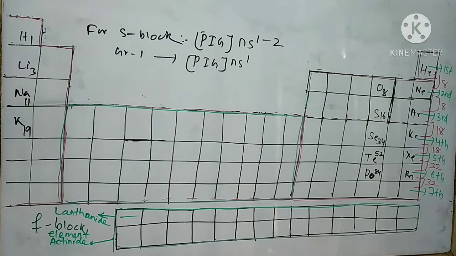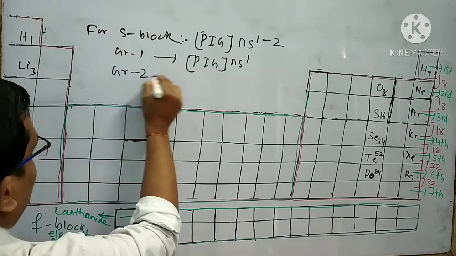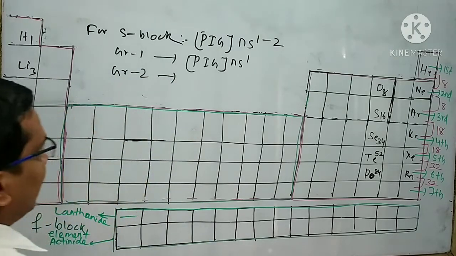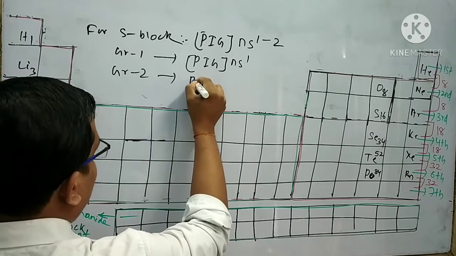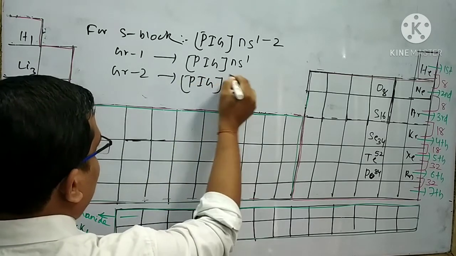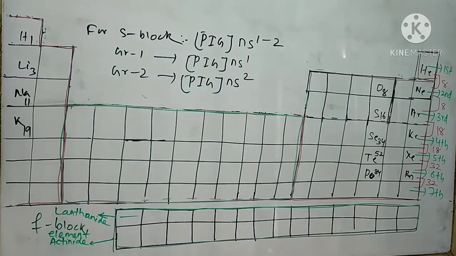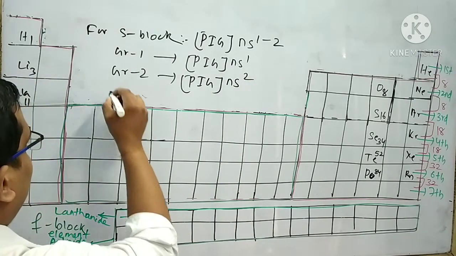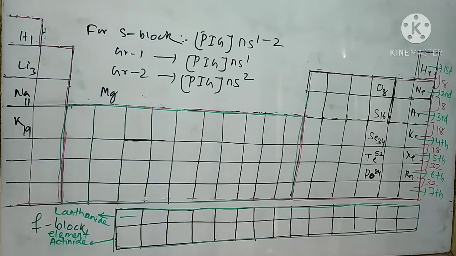PIG means previous inert gas. For group 2, the general electronic configuration is previous inert gas ns2. Suppose I want to write the electronic configuration of magnesium.